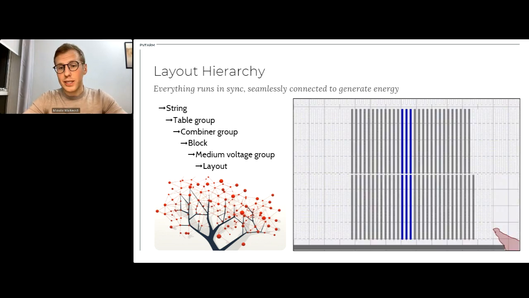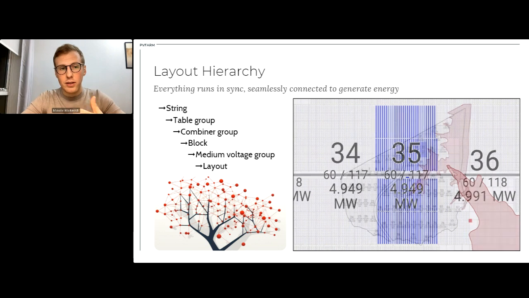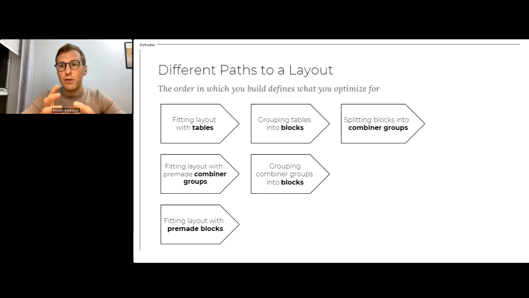So people design layouts differently. There are different orders. For example, fitting layout with tables, grouping tables into blocks, and then splitting blocks into combiner groups. One order. There are some people who fit layout with pre-made combiner groups, and then they combine groups into blocks. Another way.